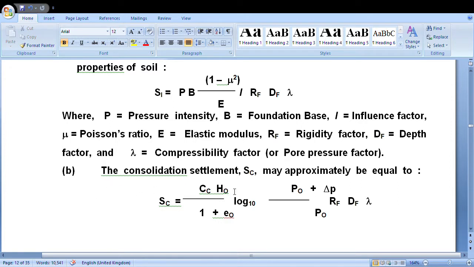And this consolidation settlement, some say it is secondary settlement, some say time settlement, some say consolidation settlement. These equations are very popular everywhere.